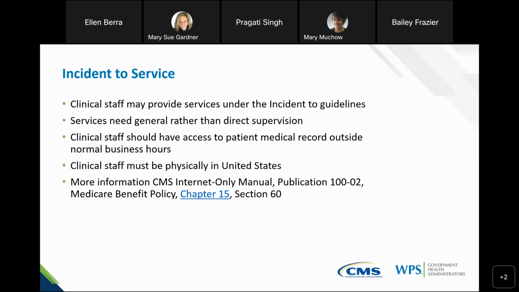Medicare has nothing to say about that. The only thing we do have something to say about, though, is that Medicare does not pay for services outside the United States. And so, therefore, that clinical staff that are helping you to provide the principal care management services have to be physically in the US. And then the next bullet point is just a link for you to the CMS Internet Only Manual that has all of the instructions and more detailed information on the Incident 2 requirements.